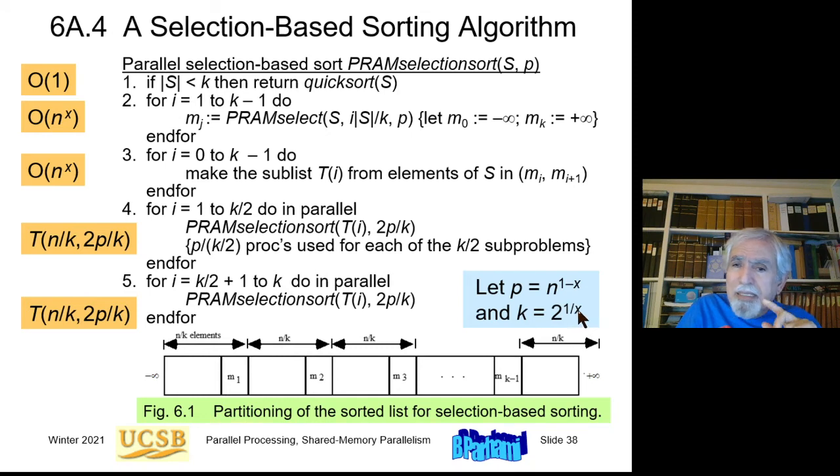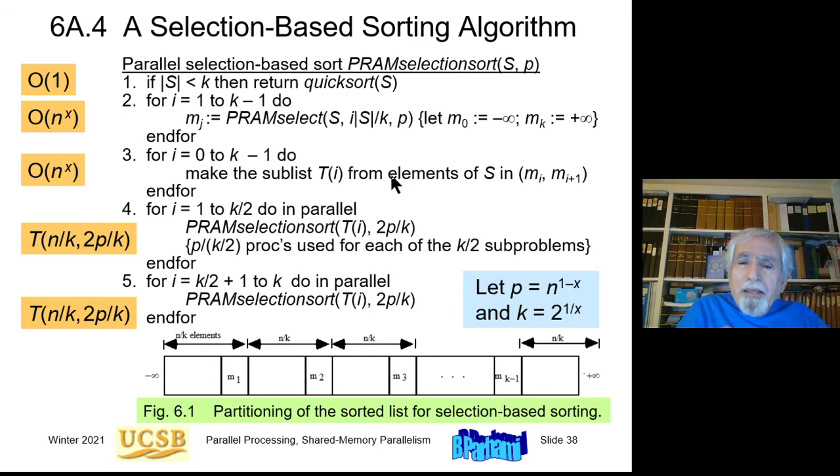Anyway, because x is smaller than 1, k will be a fairly small number. If x is, let's say, 1/4, this will be n to the 3/4 processors, and k will be 2 to the 4, or 16 segments.